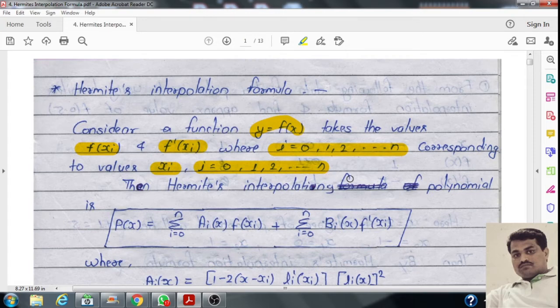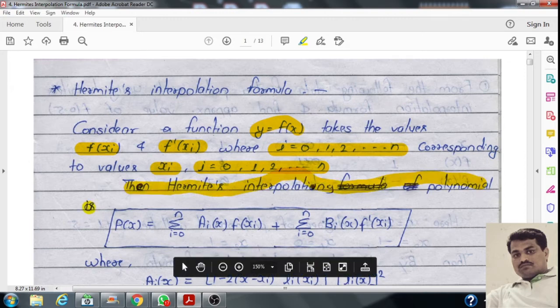Then by using Hermite's interpolation formula, the Hermite's interpolating polynomial for a given data is given by the equation f of x is equal to summation from i is equal to 0 to n of Ai(x) into f of xi plus summation i is equal to 0 to n of Bi(x) into f dash of xi.